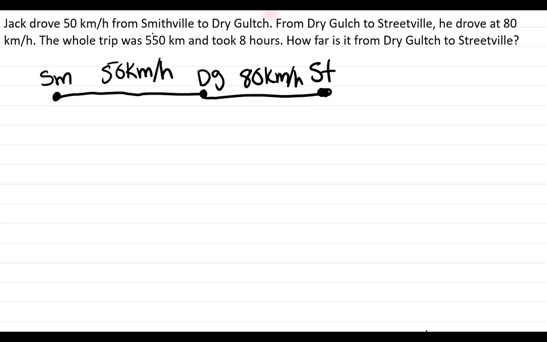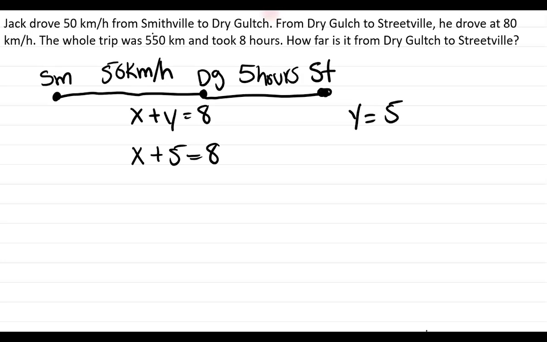Now that we know he drove 5 hours at 80, we'll use the second equation, X plus Y is equal to 8, and substitute 5 for Y. We have X plus 5 is equal to 8.